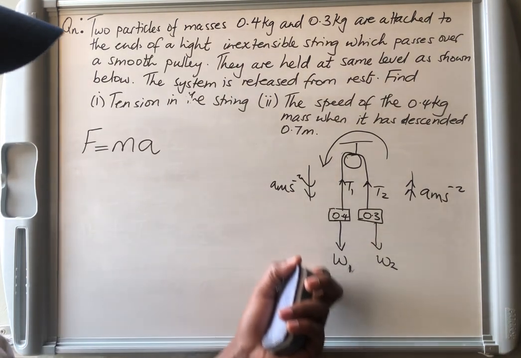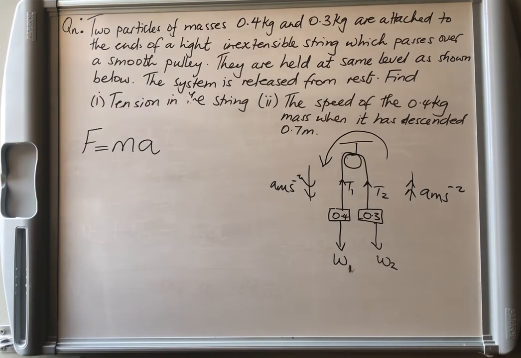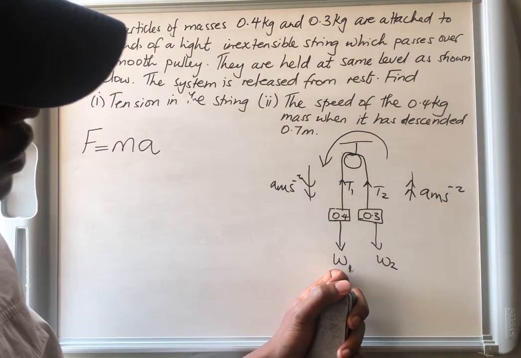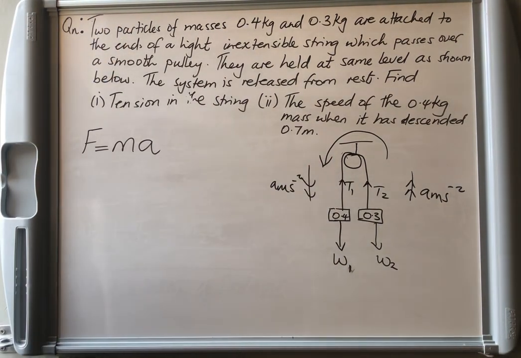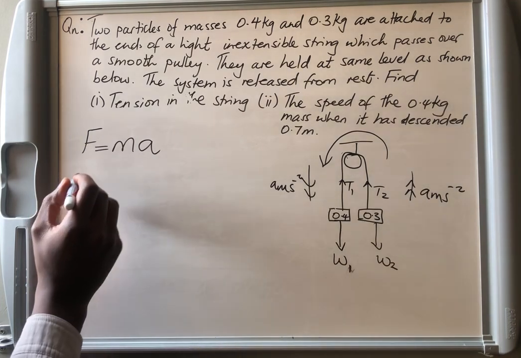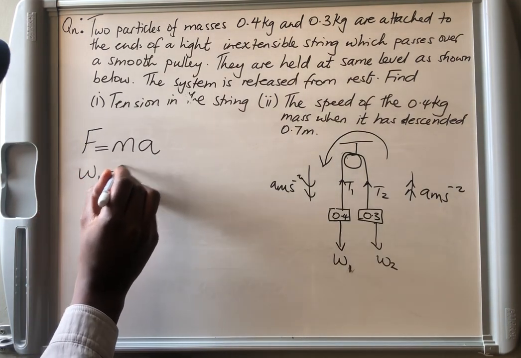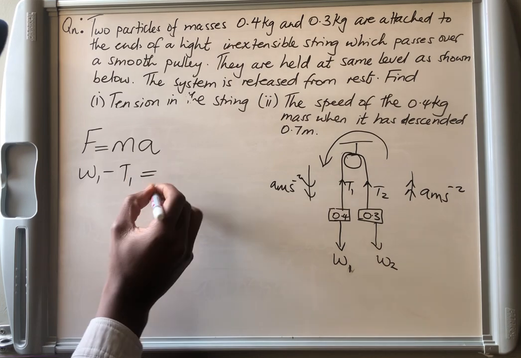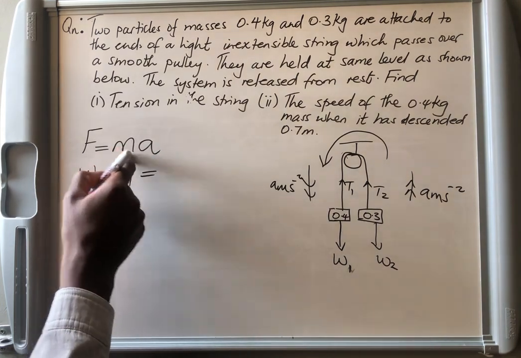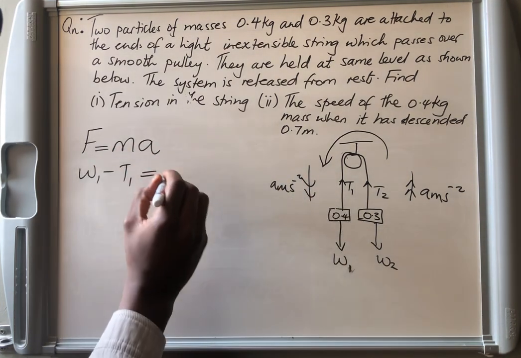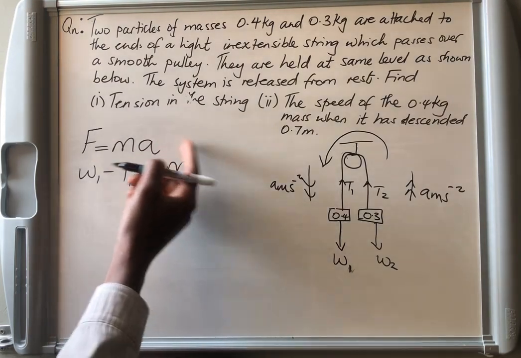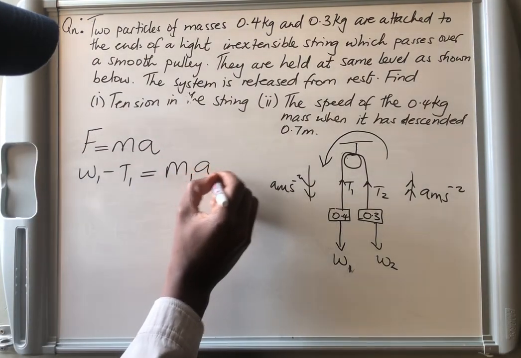Because this particle is going to move downward. Therefore, in place of F, it will be W1 minus T1, and this is going to be equal to ma. But m now is the mass for particle number 1, so we say m1 a.